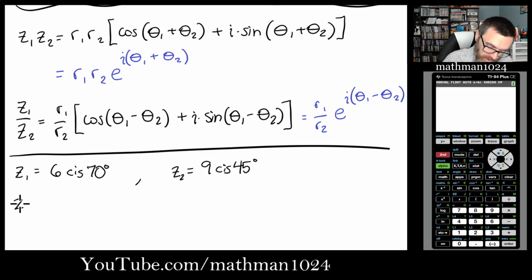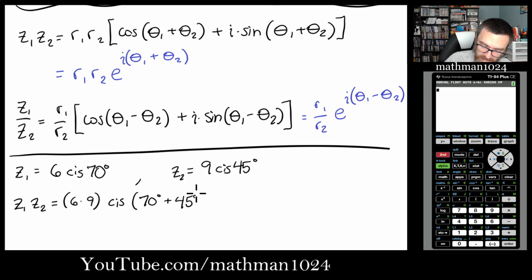So the product says that we would do 6 times 9, so do that product on the outside. And then for the product, we're just going to be adding these angle measures. So it would be cis 70 degrees plus 45 degrees. In other words, 54, and let me expand out the cis.